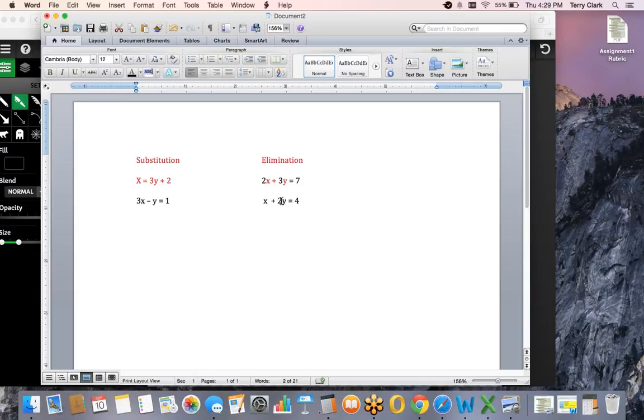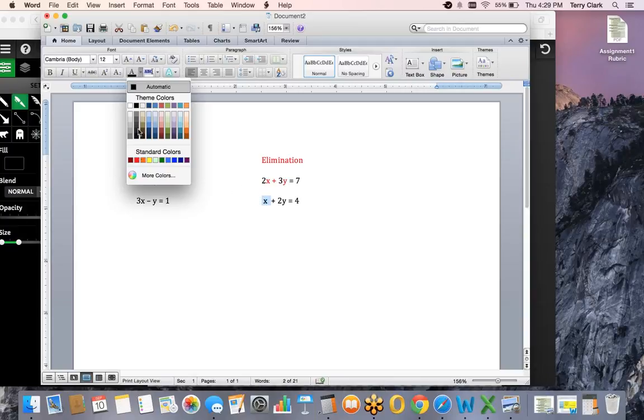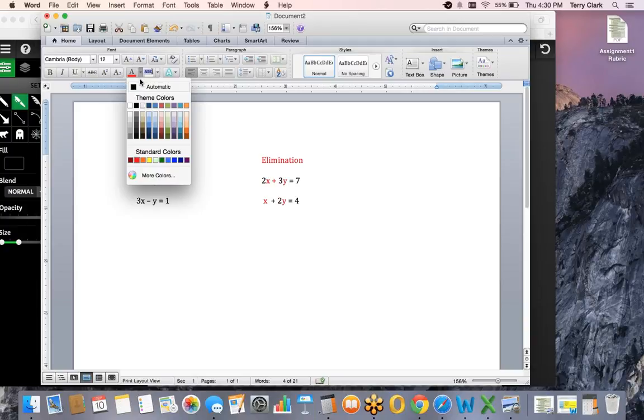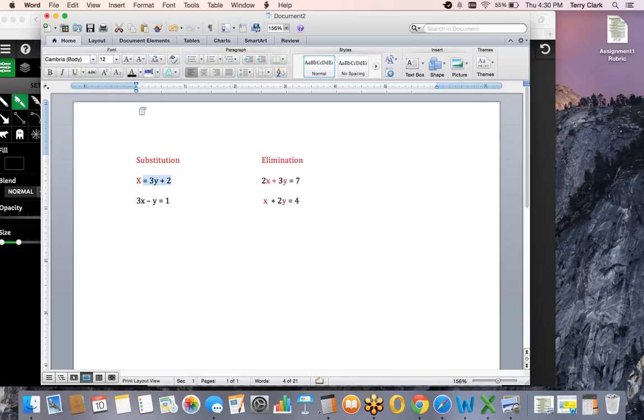And let's see, this is gonna be red. When you have both variables on the same side, then you can use the elimination method.